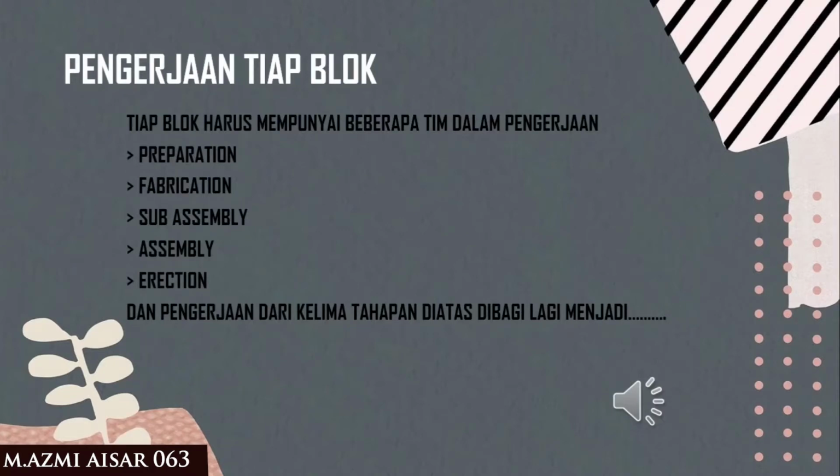Assembly is the process of joining part assemblies which have been subassembled into a block. The fifth is erection. Erection is the activity of joining the ship's ring blocks into one complete part of the ship, and the work of each of these steps is further divided into several steps.